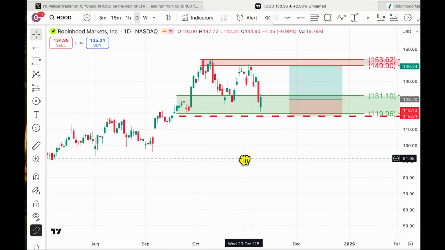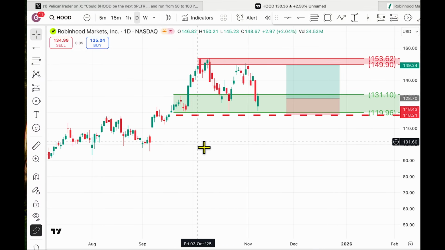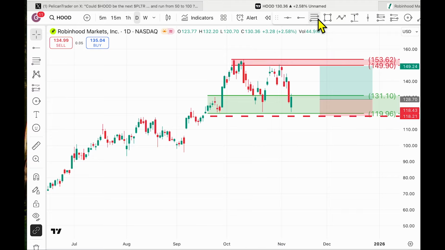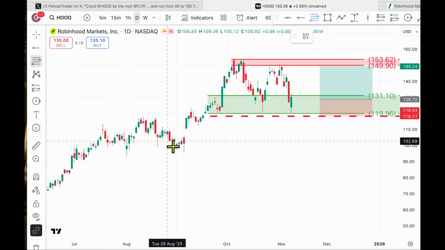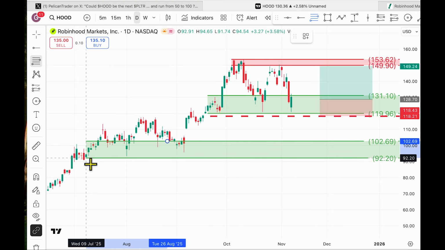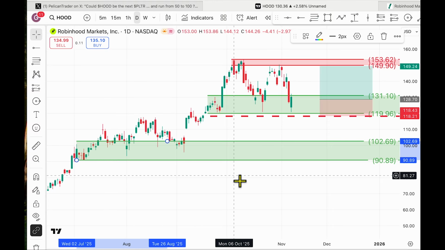Now, if you wanted to be a little more conservative on your entry, and you'd be looking for a much lower price point, if you can get it, you might not get it. But if you're like Warren Buffett and you like to buy quality merchandise when it's marked down in price, there's another support level right down here to consider, and that would be in the 102.69 to 90.89 price range.